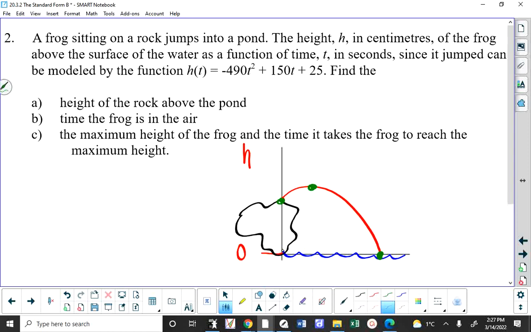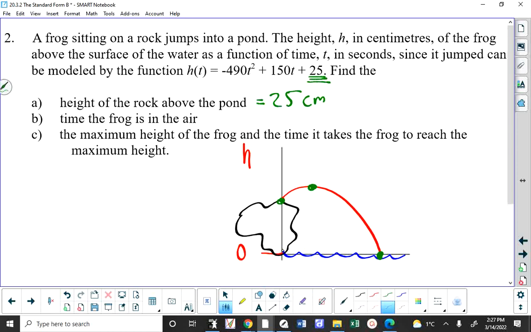By the way, what is the height of the rock above the pond? Without using your graphing calculator. 25 centimeters, because that's the y-intercept. It's where the frog starts. So we know this is 25 centimeters.